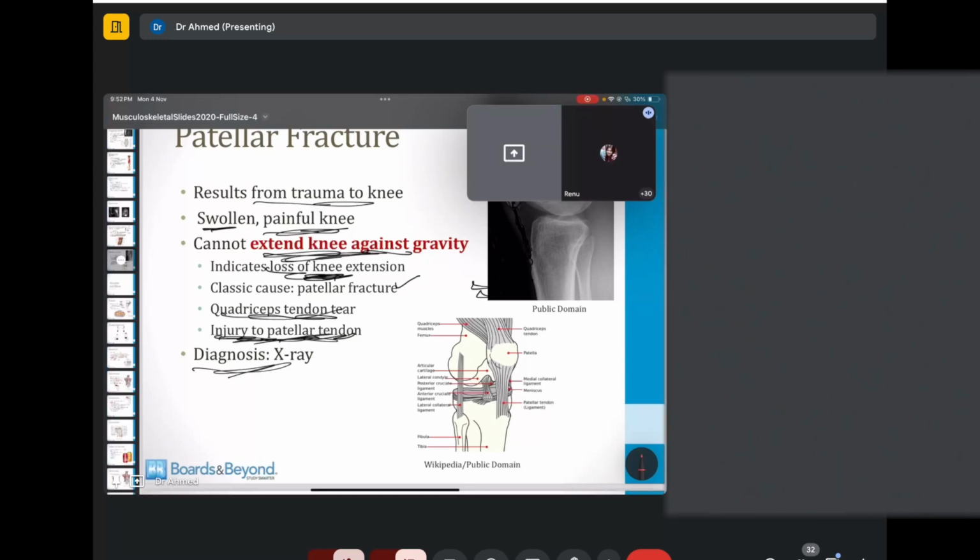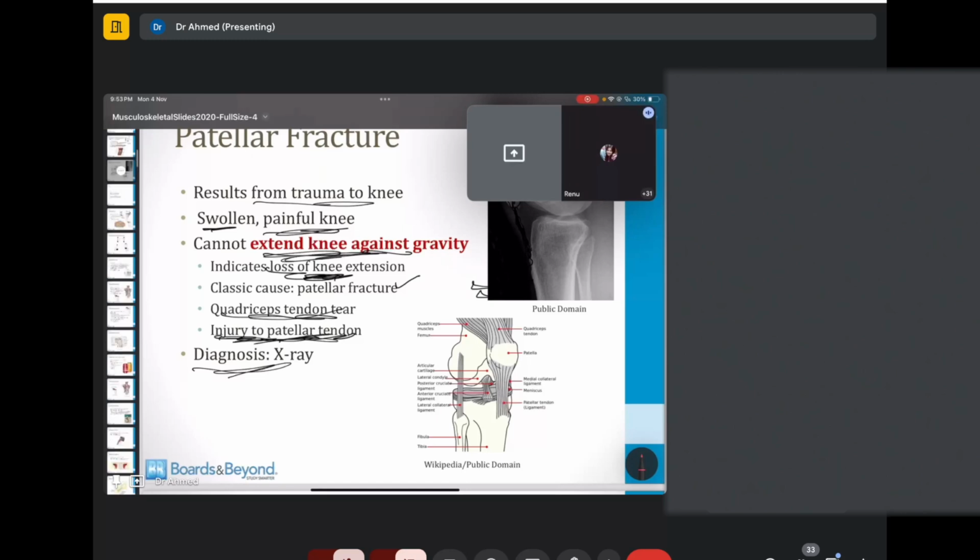And then the supraspinatus tendon is the most commonly injured. Why? Because it lies above the spine of the scapula, under the coracoid, sorry, the acromion process, so it is very easily impinged.